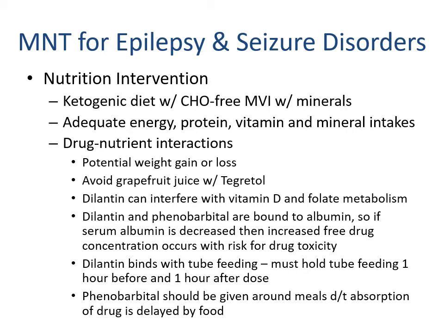And phenobarbital should be given around food or meals due to the absorption of the drug being delayed by food. The biggest thing is that we want a slight delay. We don't want somebody to get a sudden rush of the medication and in essence become excessively drowsy.